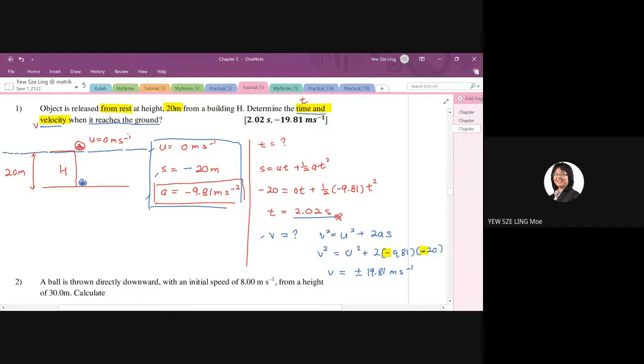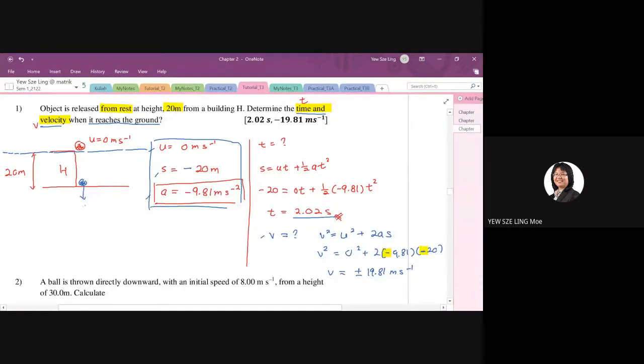Okay, the moment it hits the ground, the ball will stop for a moment. We don't want to take V equals 0 because it has no meaning here. The velocity that we want to use is the velocity right before it hits the ground. All right? So right before it hits the ground, the object is still moving downwards.